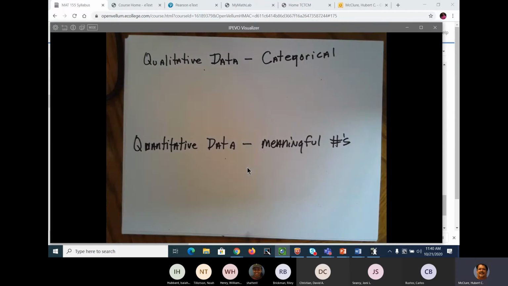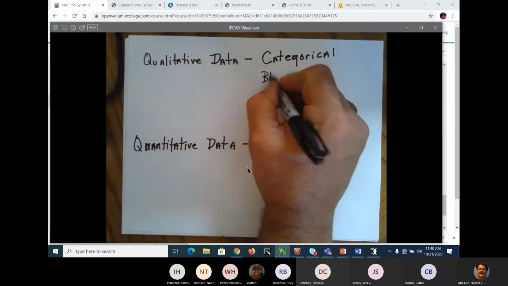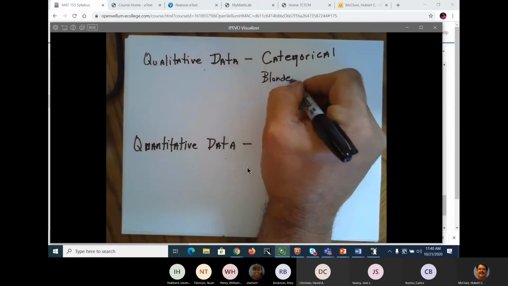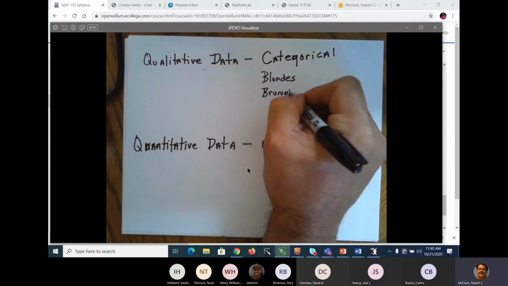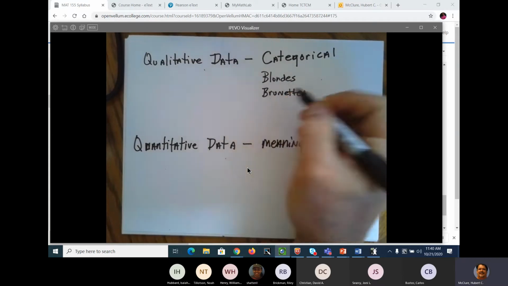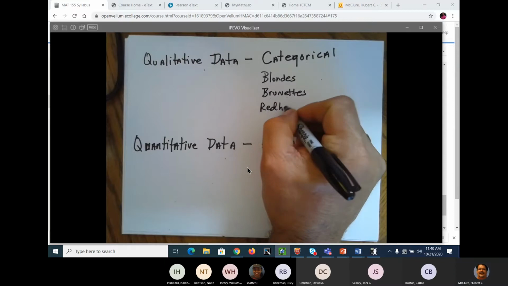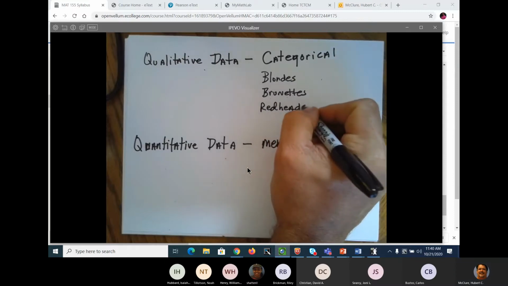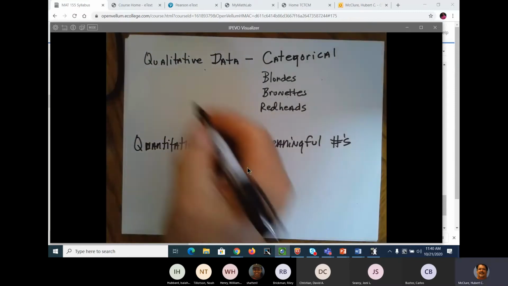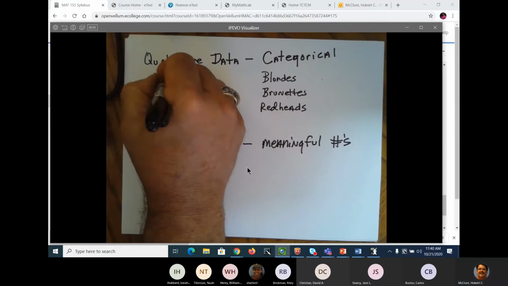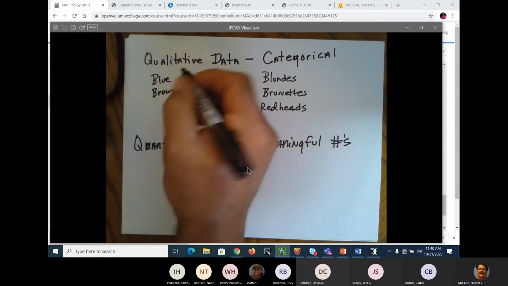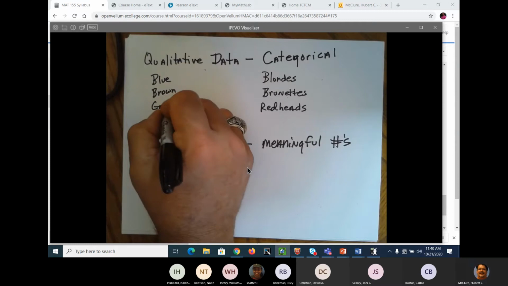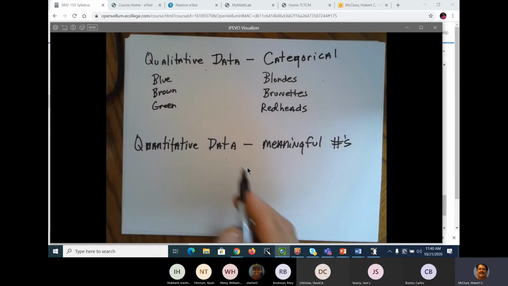Categorical data. Blondes, brunettes, redheads. Blue eyes, brown eyes, green eyes. Those are examples of categorical or qualitative data.